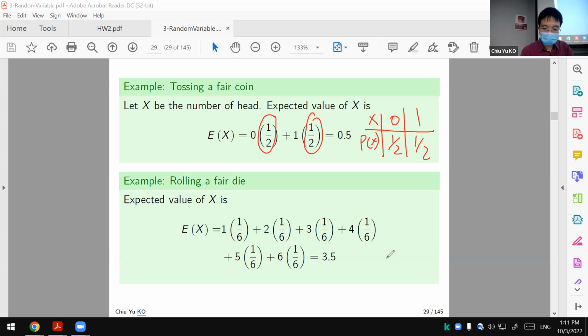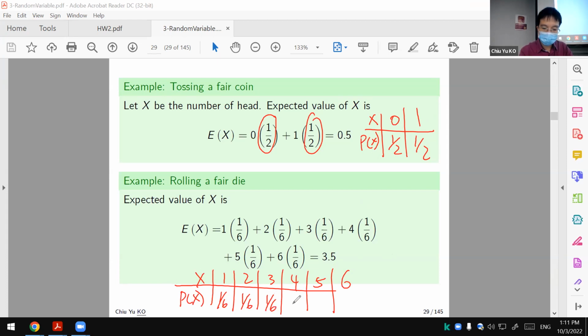When a fair die is rolled, it's something very similar. X is equal to 1, 2, 3, 4, 5, 6, and P of X is just 1/6 for each. So what you do is multiply this by this, plus this multiplied by this, plus this multiplied by this, and so on and so forth.